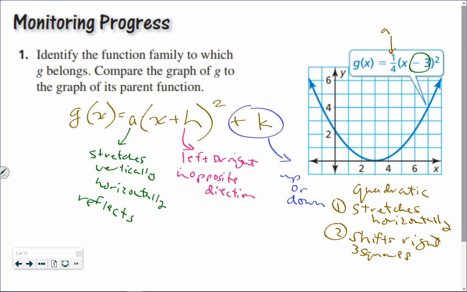And I told you that the H goes in the opposite direction. So if it's minus 3, it's going to go right 3 squares. If it's a positive 3, then it's going to go 3 squares to the left. You said that, right? That was the very first thing we did.